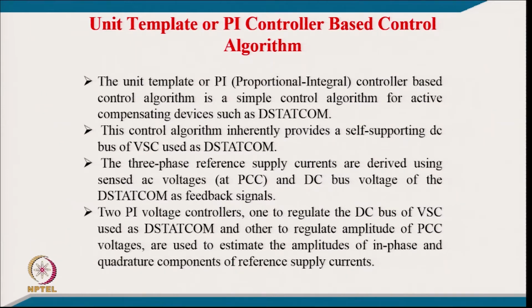The 3-phase reference supply currents are derived using sensed AC voltages at PCC and the DC voltage of the D-STATCOM as feedback signals. Two PI controllers, one to regulate the DC voltage of the DC bus of the VSC used as D-STATCOM, the other to regulate the amplitude of PCC voltage, are used to estimate the amplitude of the in-phase and quadrature components of the reference supply current.